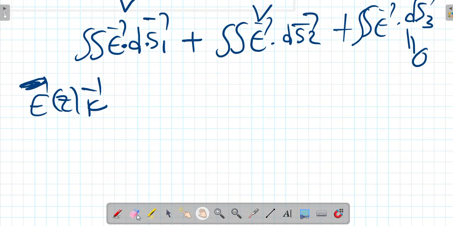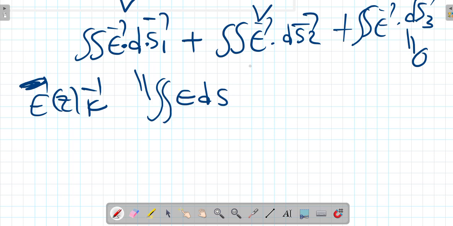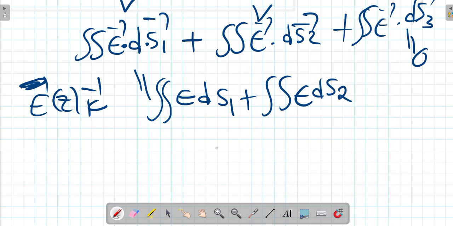So the first part is going to give us E dS. That's how you move from a vector to a non-vector, because of the dot product. So you maintain the integral of dS1, plus the integral of E dS2, and then the other one is 0.